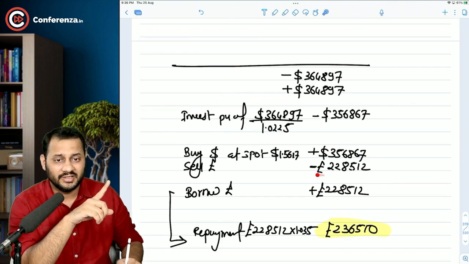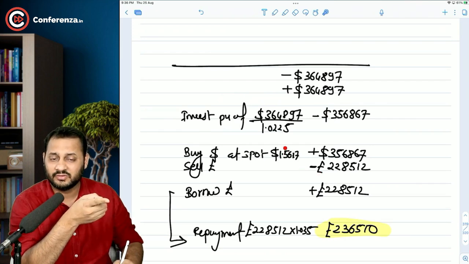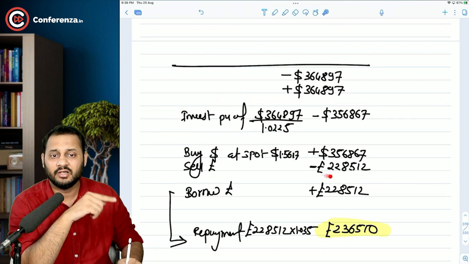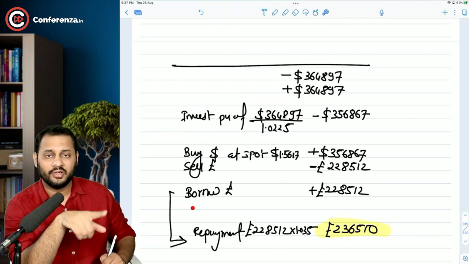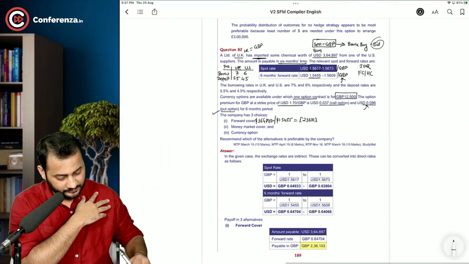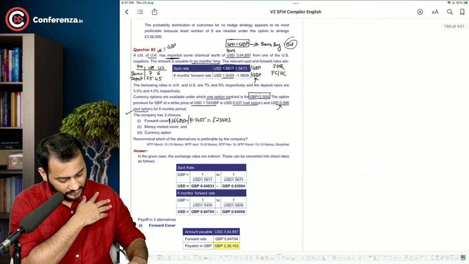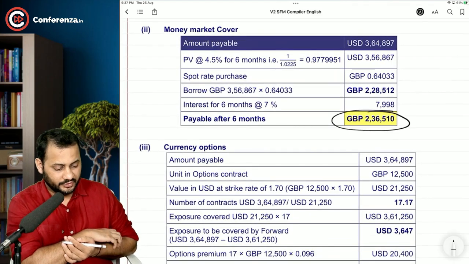If you are selling the base currency, bank is buying the base currency at bid rate 1.5617. Both the currencies are same, divide it. And in order to sell this GBP, you will have to first borrow it, for which you will make the repayment at 236,510. So understand, it will be 236,510. Okay? Clear with it?